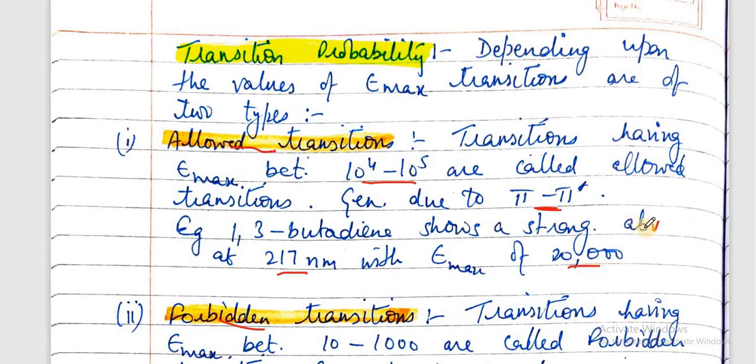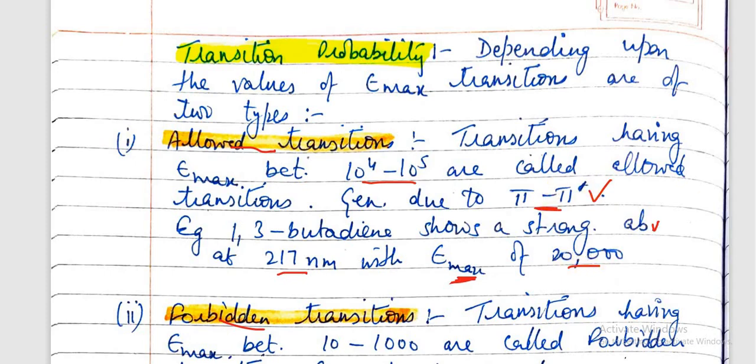So along with the value of lambda, this value is also important. By knowing its value, we can make out whether the transition is pi to pi star or n to pi star. If the value is high, it means it is a pi to pi star transition. If this value is low, it means it is an n to pi star transition.